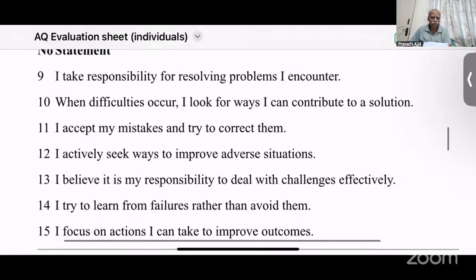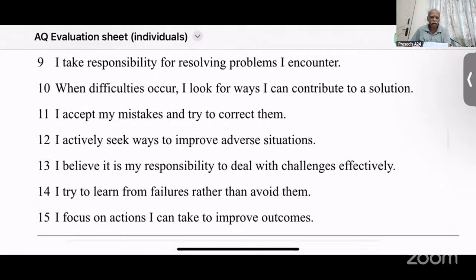I take responsibility for resolving challenges I encounter. 10th, when difficulties occur, I look for ways I can contribute to a solution.